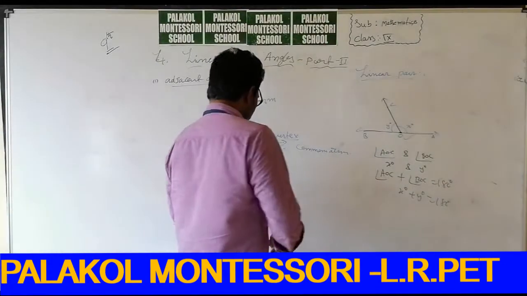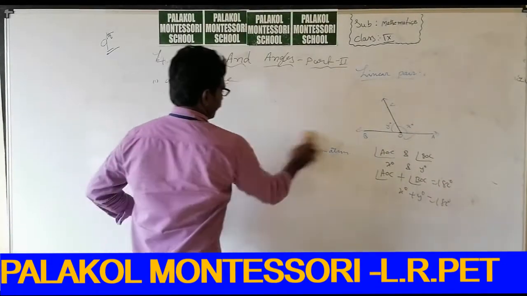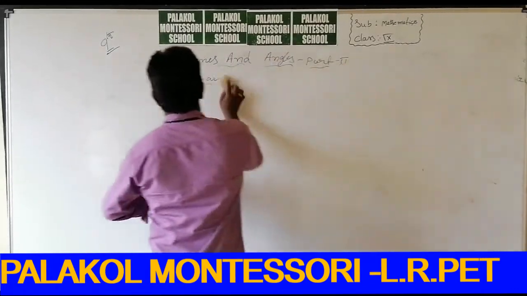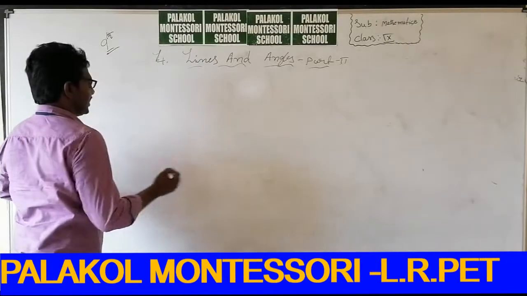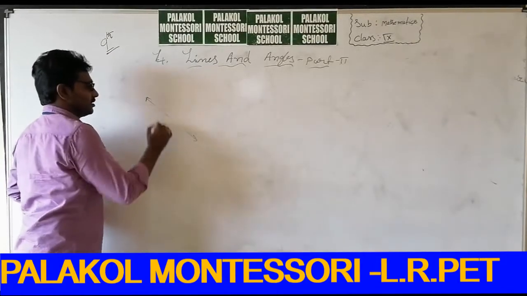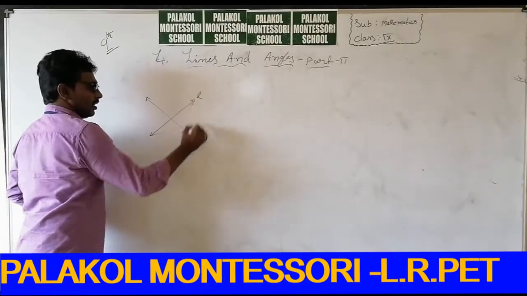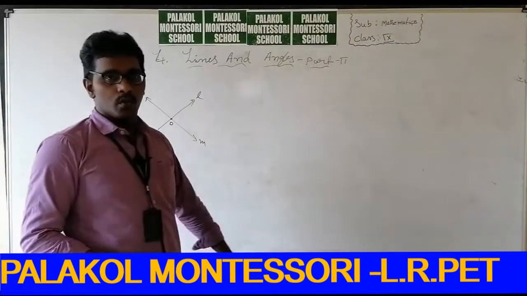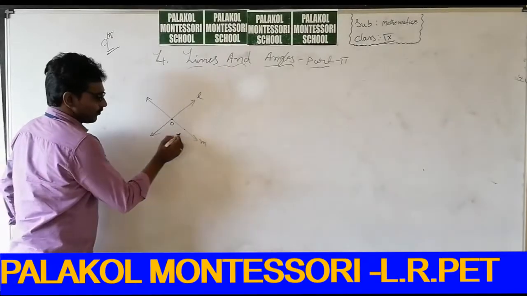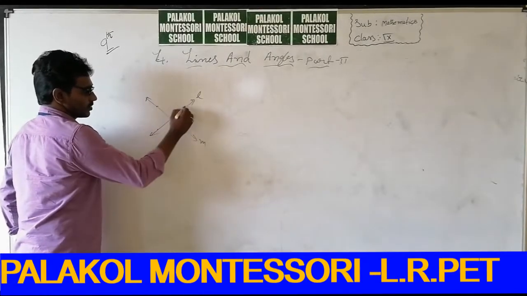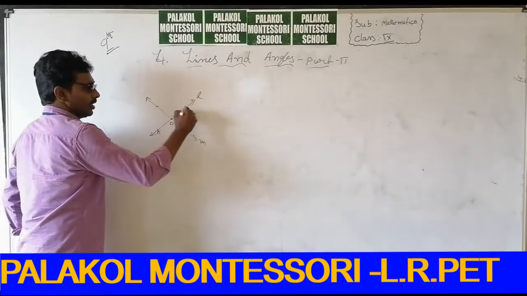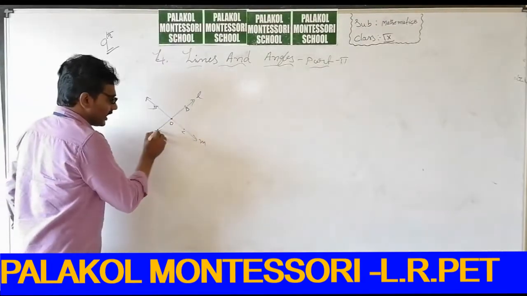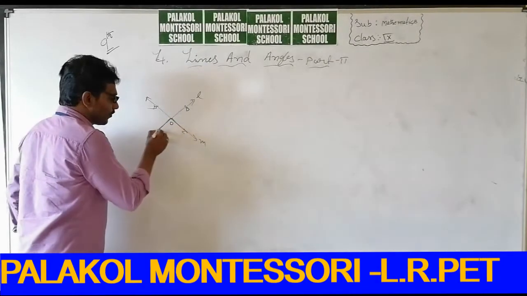Next one, guys, see, transversal. Please see, I draw intersecting lines L and M. The two lines intersect at one point O. The line's points are named A, B, C, D. Observe angle AOC, it forms one angle.